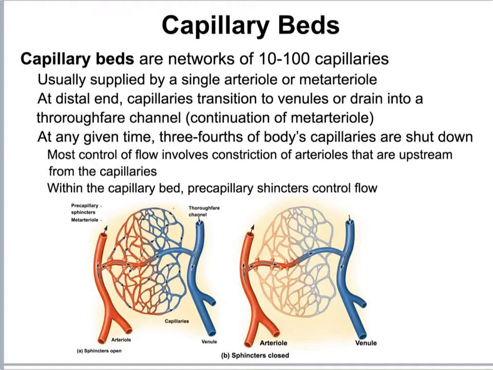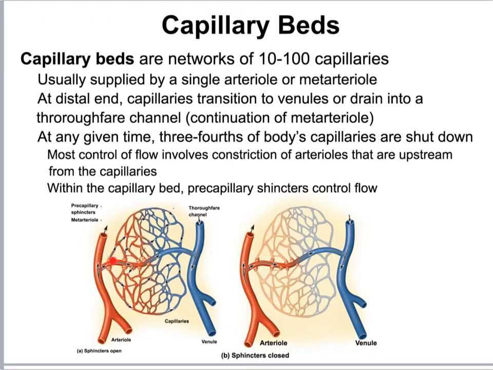When you are undergoing a fight or flight response, a sympathetic response, you're going to divert blood away from the intestines. How does that happen? When we say divert blood towards or away from something, what does that mean? Basically, it means that you can shut down a capillary bed.